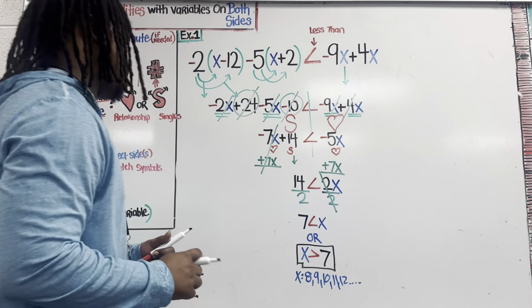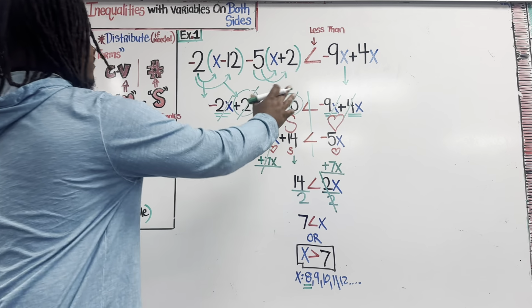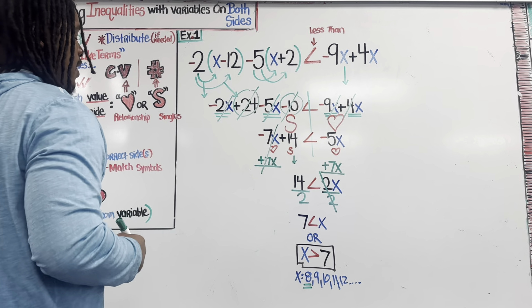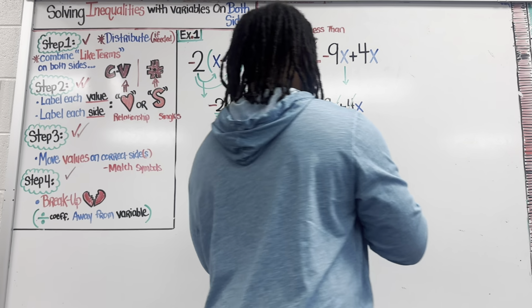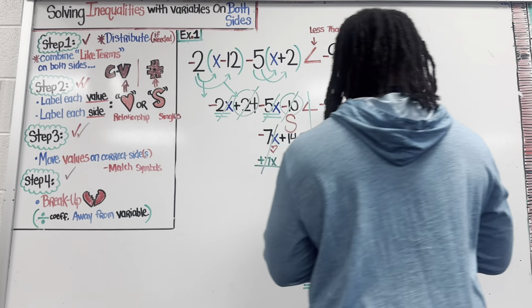So let's just try out 8, guys, just to see if 8 is going to make the inequality true, okay? So I'm just going to plug in 8 as x. Wherever I see an x, I'm going to put an 8.